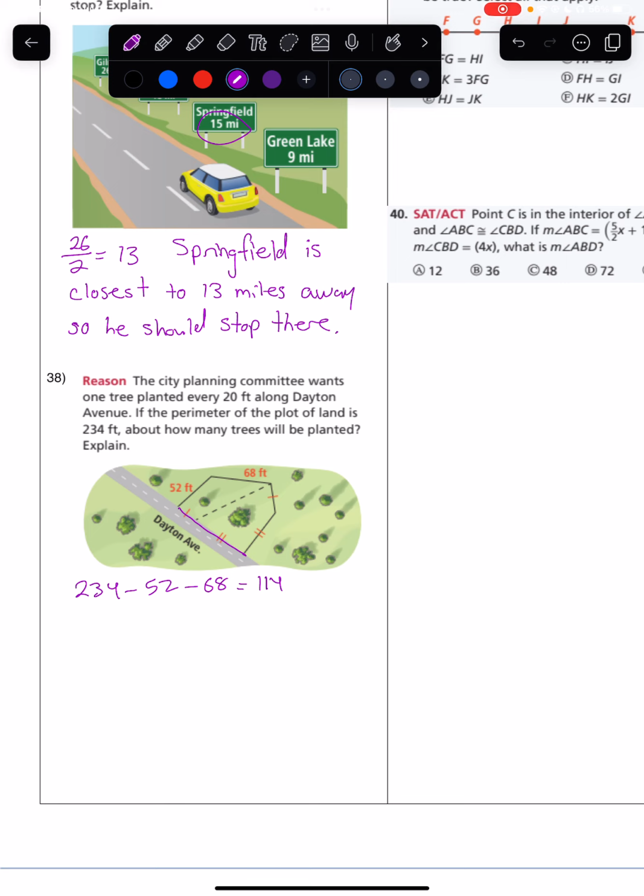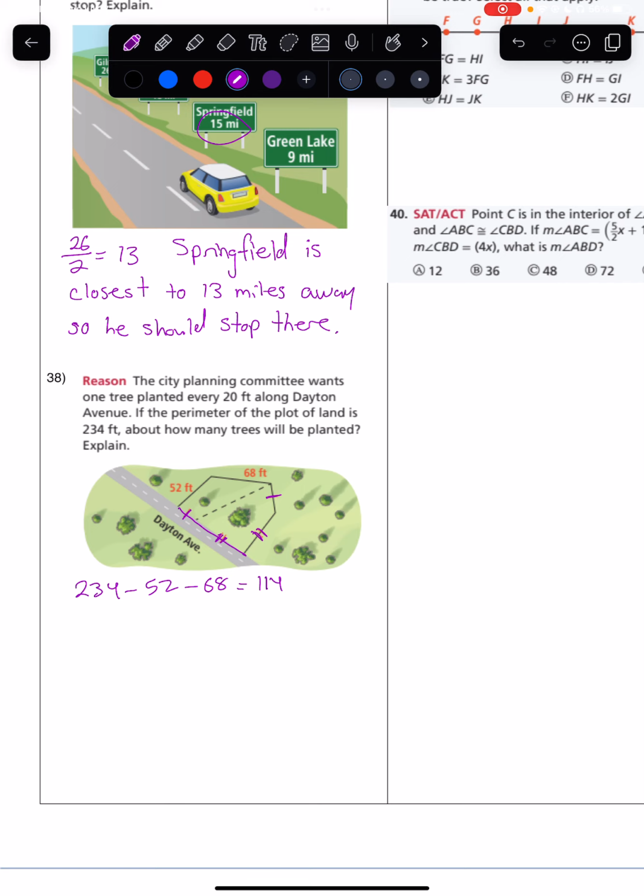Now within that 114 feet, we've got 2 places with 1 hash mark and 2 places with 2 hash marks. So what that tells me is that the frontage along Dayton Avenue is half of this 114 because it's 1 hash mark plus 2 hash marks.